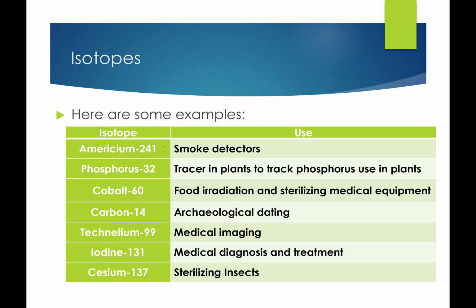Cesium-137 sterilizes insects. Why would we want to sterilize an insect? Well, if we have an overpopulation of an invasive type of insect or one that's carrying diseases, if we sterilize them, they don't reproduce and then they don't spread that disease.